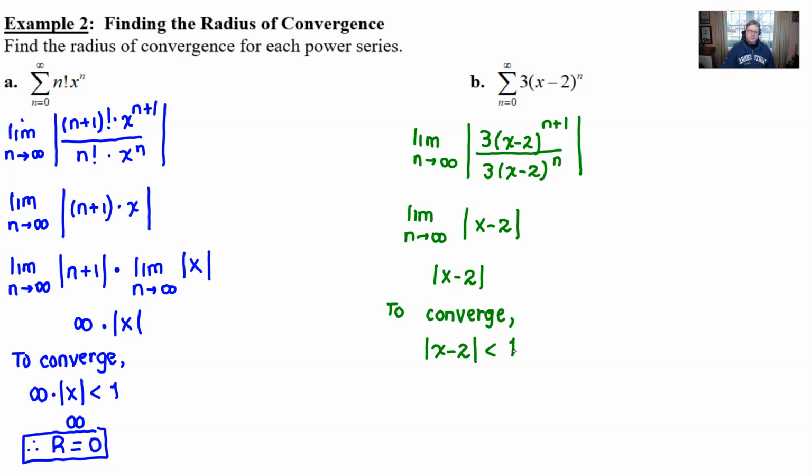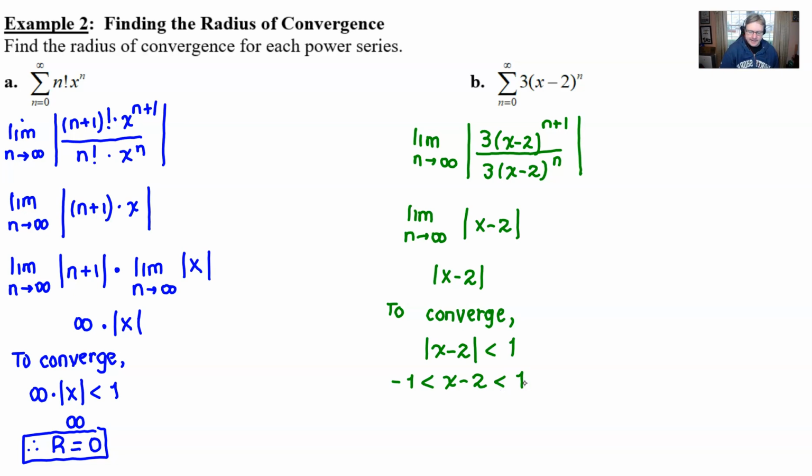Now, in this particular problem, it looks like we have the ability to solve this. It's also possible that if you stop right here, you might be able to tell me what the radius of convergence is, but I want to go ahead and take the extra step or two to solve this. So to solve an inequality with an absolute value that has a less than, we just take the opposite of the 1 in this case, plop it on the left side, make that less than x minus 2, which is in turn less than 1.